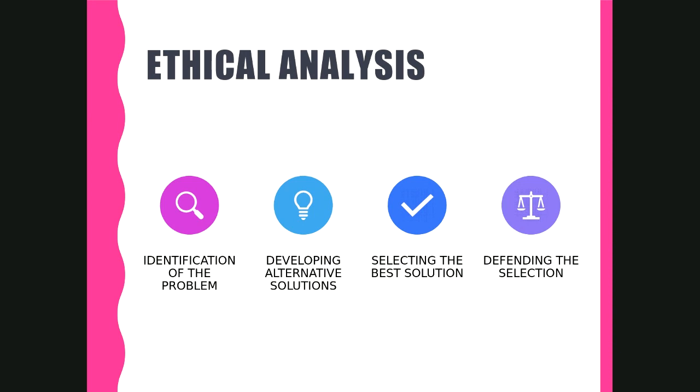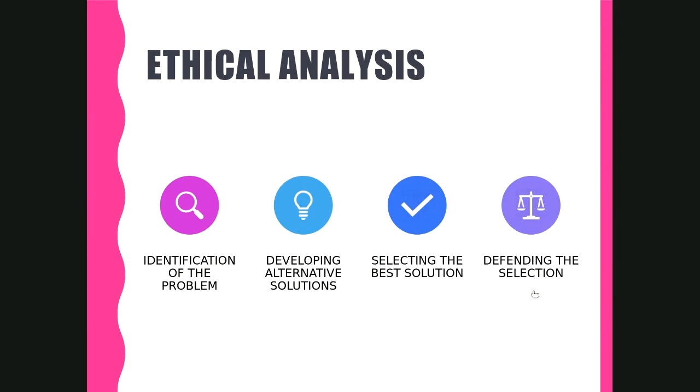The difference is the last step of critical thinking and problem solving wasn't that you had to defend the selection. With that, you had to basically reflect on your decision and decide if that would work for future reference or if that was something that needed to be reevaluated.